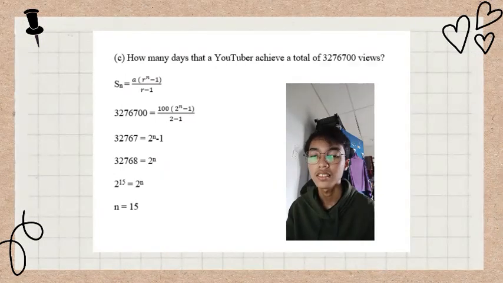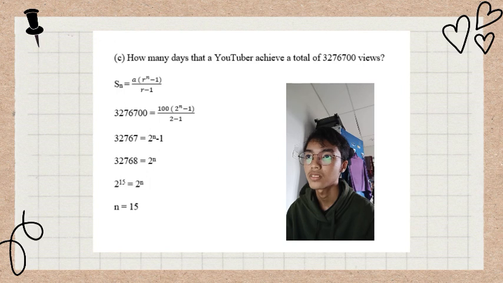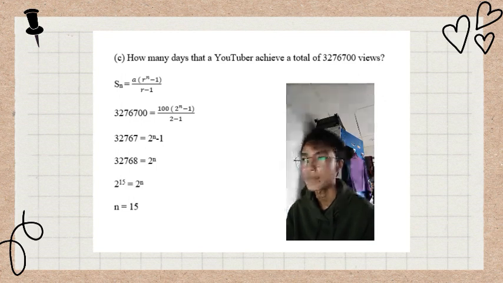And last but not least is question C. How many days does the YouTuber take to achieve a total of 3276700 views? So we know that is the total of views that he gets. So we just replace Sn with that total views, and we just use the Sn formula.